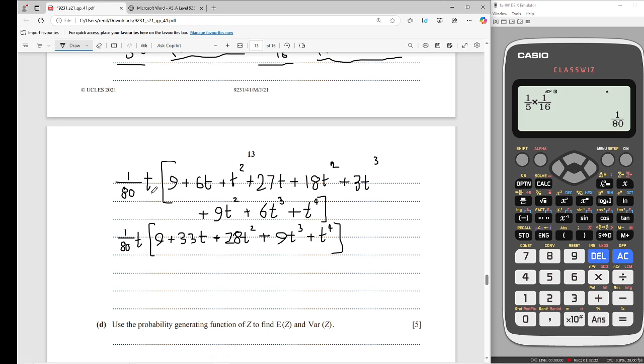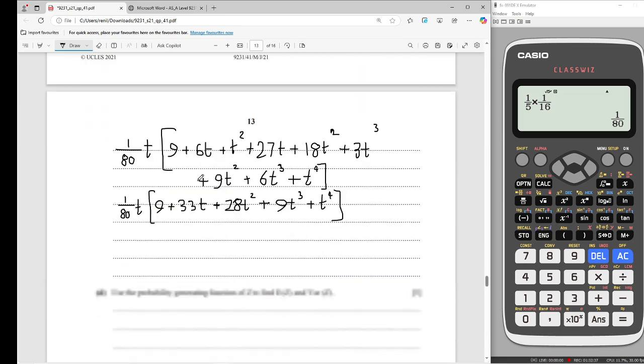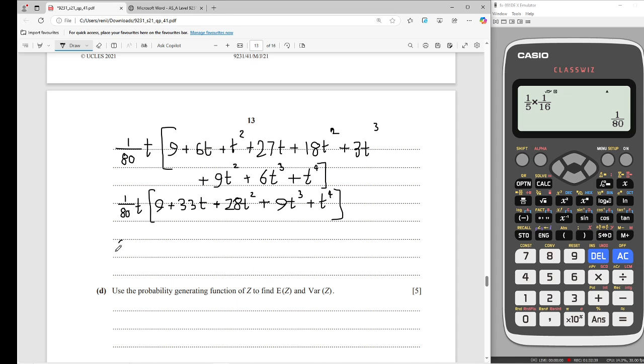This is the probability generating function of Z, but we need to follow the same pattern as we've done for these, so we need to express this in fractions. So G_Z(t) is equal to 9/80. It's best to keep them all as multiples of 80. We don't need to simplify these. So yeah, 9/80 t plus 33/80 t squared.